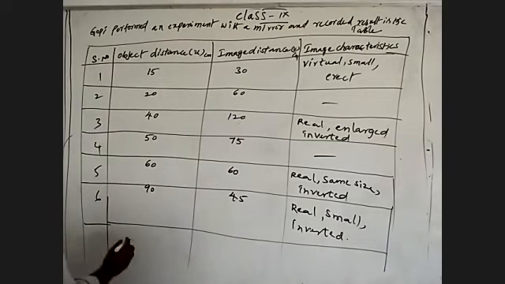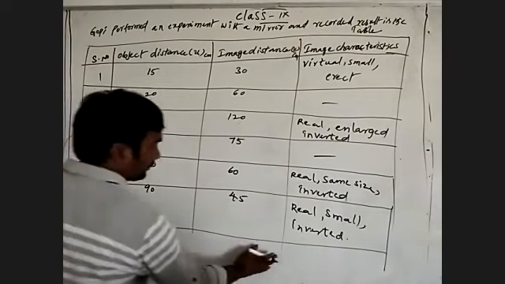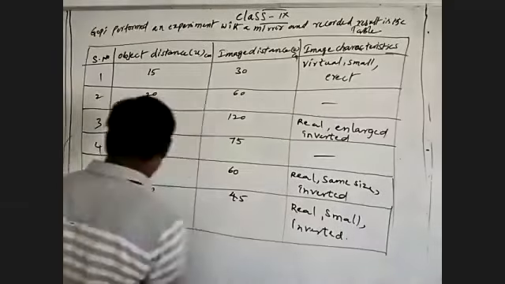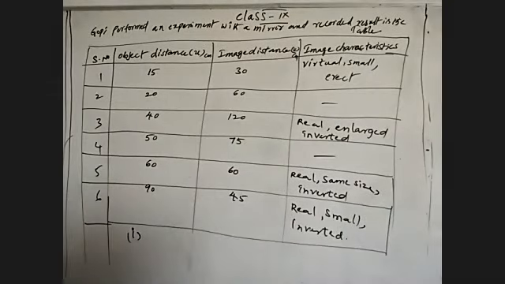And question number 1, what is the question number 1? What type of mirror did Gopi use? How do you say?